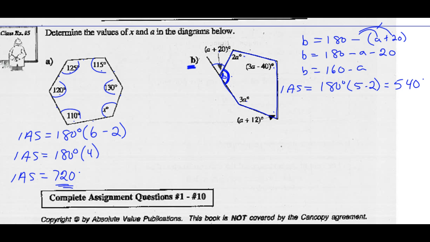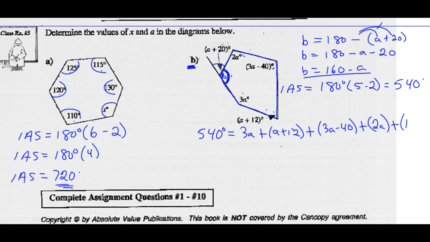So I know that all these angles inside that 5-sided shape have to add up to 540 degrees. So 540 degrees has to be 3A add A plus 12, add 3A minus 40, add 2A, add B, which we just found out to be 160 minus A.